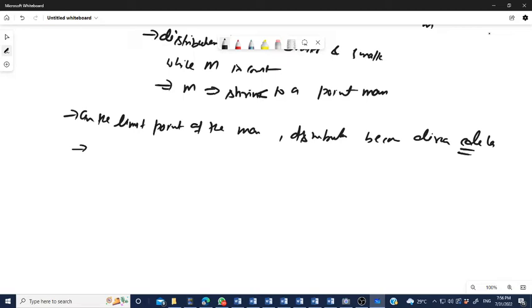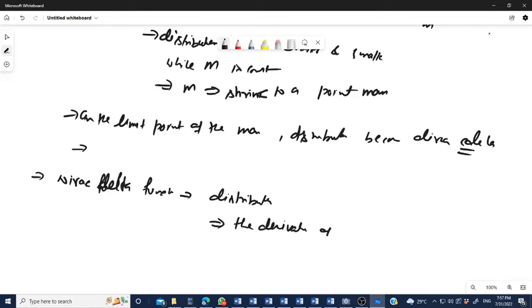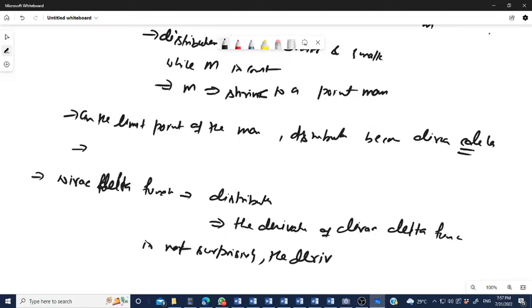The Dirac delta function is a distribution, it is not a function, as I told you. So, not surprisingly, the derivative is also a distribution.